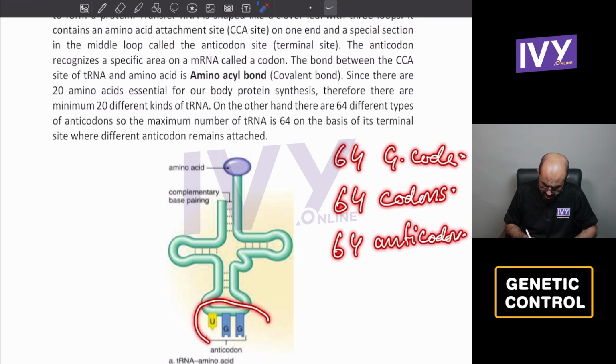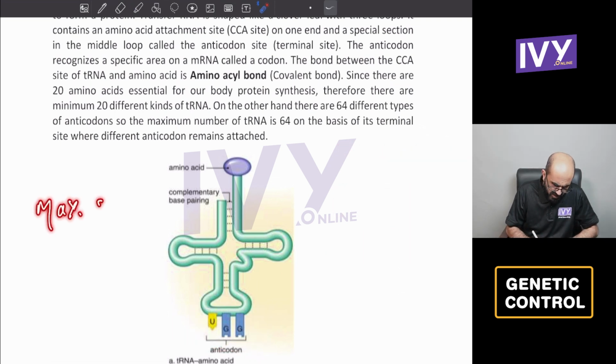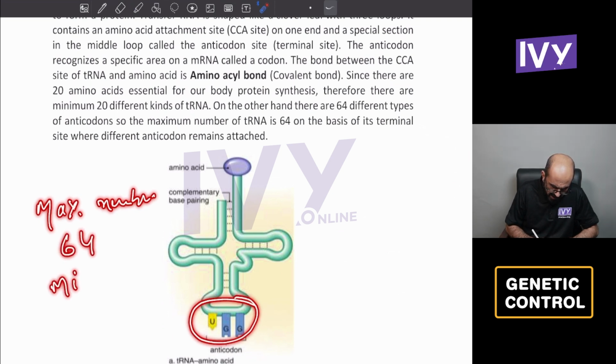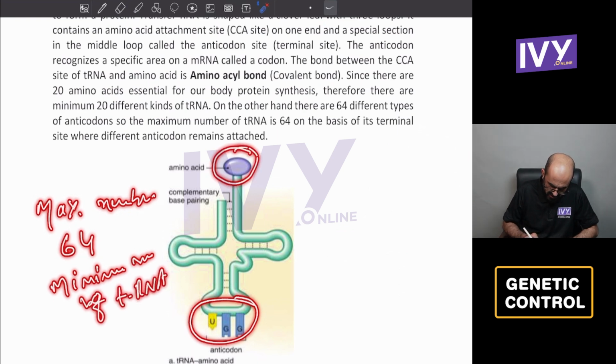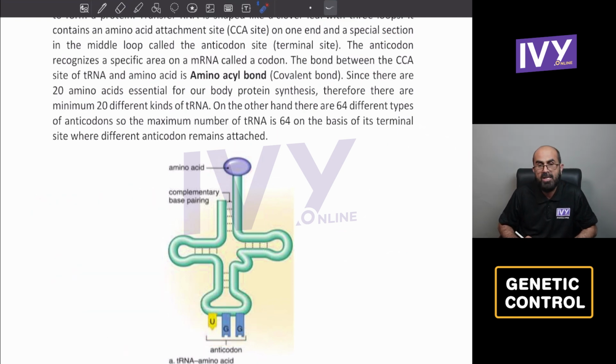So we have a maximum of 64 different types of tRNA on the basis of anticodon, and a minimum number of tRNA on the basis of amino acids, which is 20, because we have only 20 amino acids.